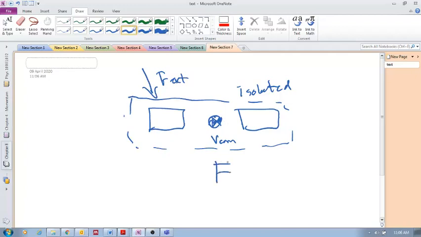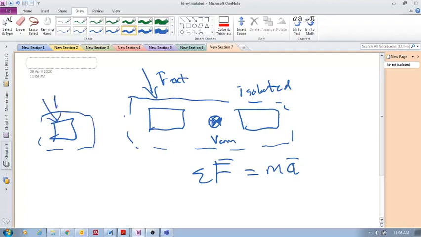Remember, F, the sum of the forces, is mass times acceleration. For a single object, that's easy. That's our object, and that is our system. A force being applied to it is an external force, and what it does is accelerate that object. But what we're really saying is that it's accelerating the center of mass of that object.